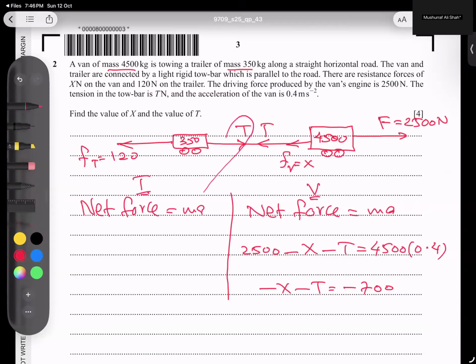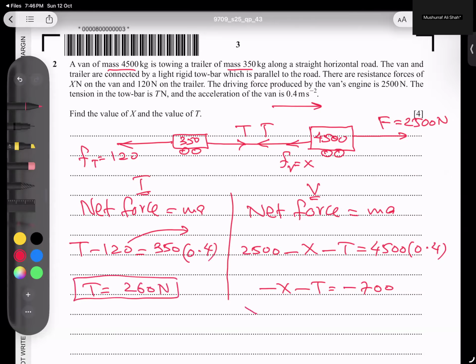Starting from here, because motion is rightwards, tension minus friction 120 is equal to mass 350 times acceleration 0.4. If I bring it to the other side, I will find tension easily. 350 times 0.4 plus 120, and I got the answer 260 newtons.